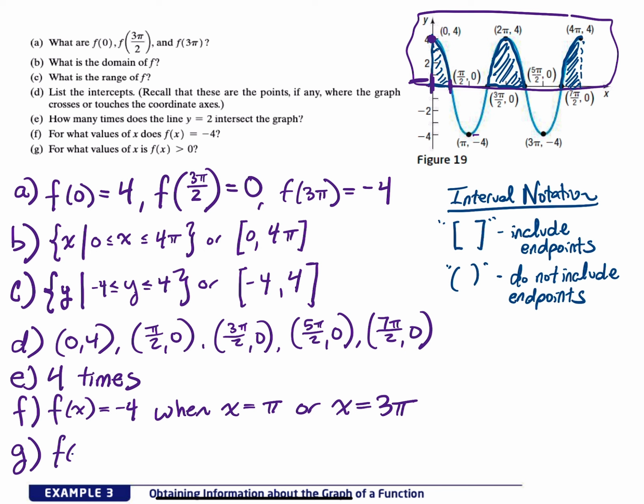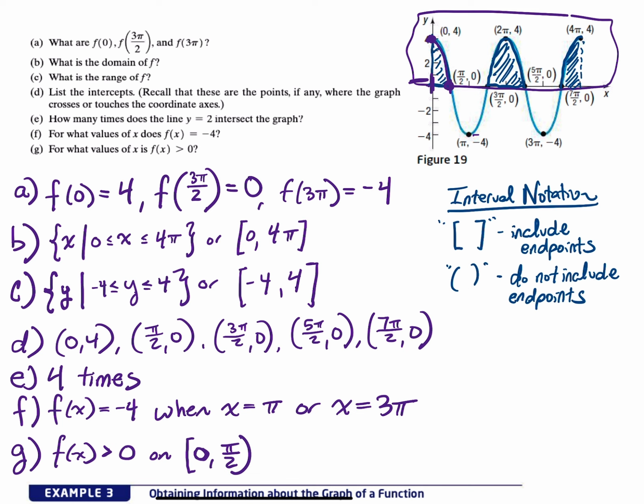So I'll say f of x, the output of our function, is greater than 0 or is positive on these intervals. So starting at 0, I'm going to include the endpoint because at that point the function is positive. And then we're going all the way until pi over 2. But at pi over 2, the function is equal to 0. So I don't want to include that endpoint. I'll use the curved bracket.